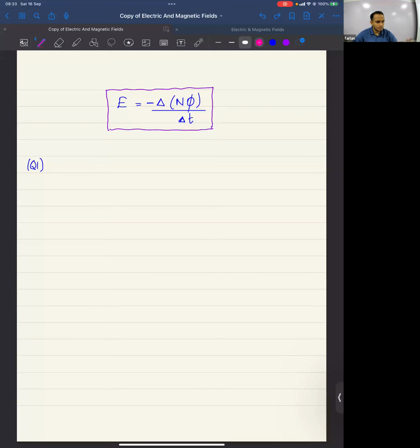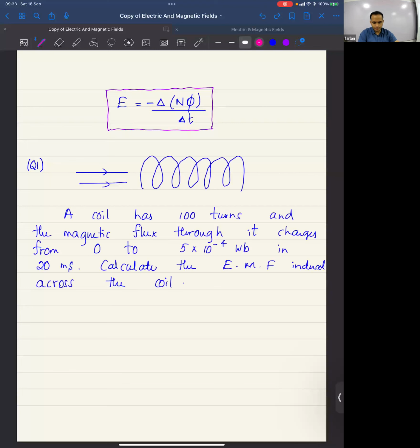But now just remember this minus sign says about Lenz's law, which means the EMF is induced in the opposite direction, to oppose the change causing it. Fine. Write down a question. A coil has 100 turns.